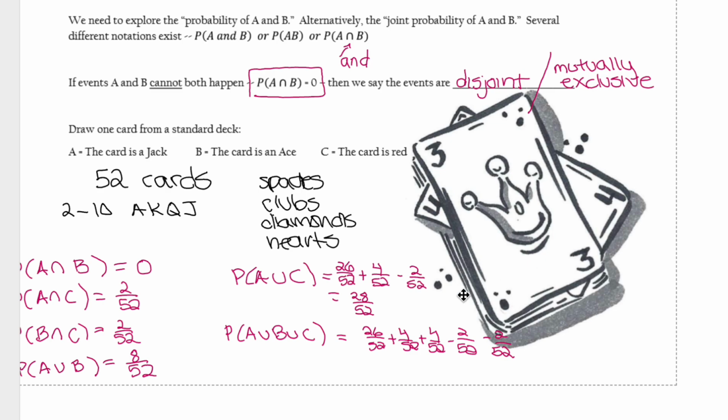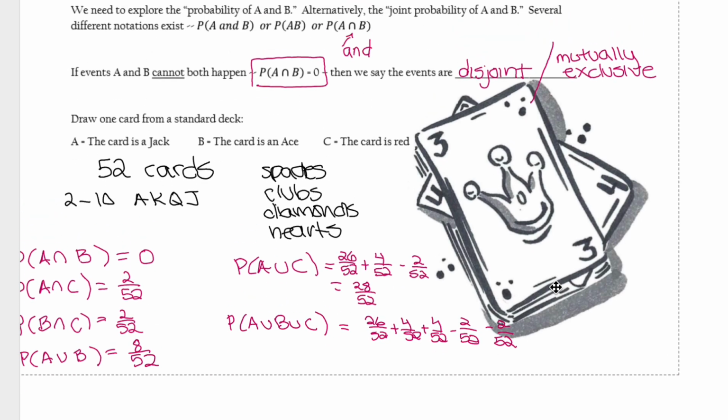And then the probability of A or B or C. Now we combine everything. We use probability of A plus probability of B plus probability of C, minus the overlaps, plus any triple overlap. So 4 over 52 plus 4 over 52 plus 26 over 52 minus 0 minus 2 over 52 minus 2 over 52.